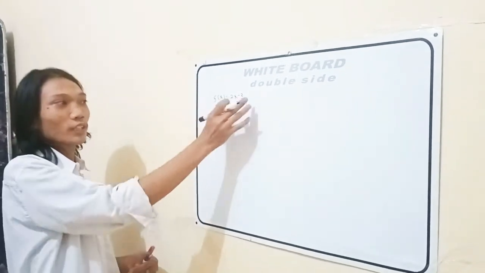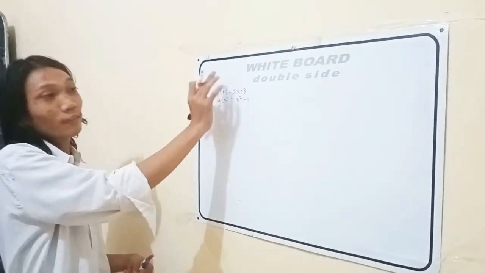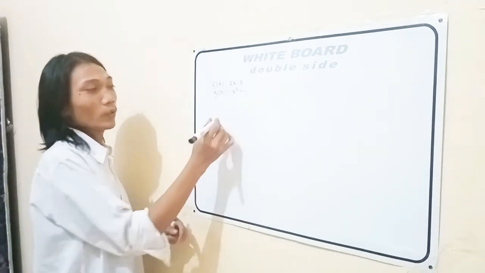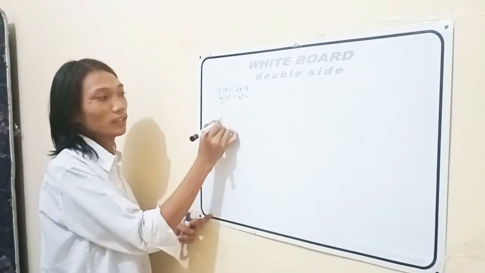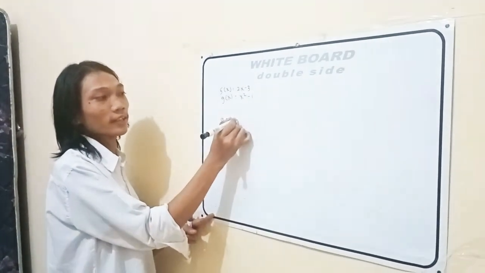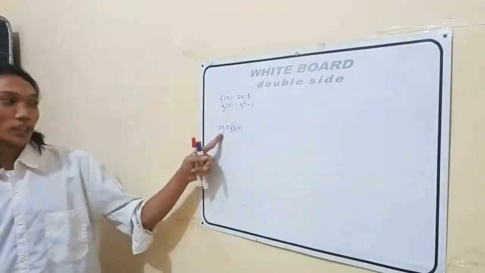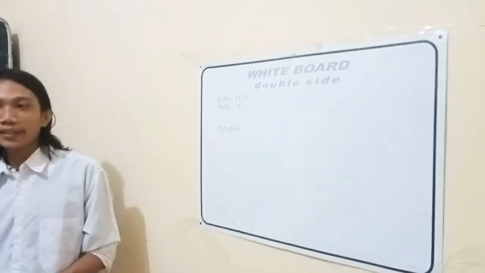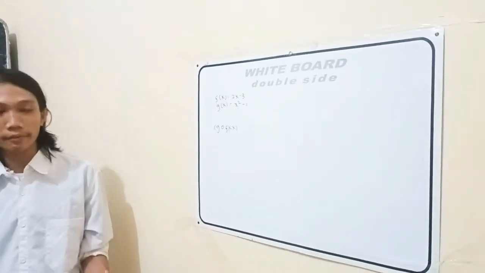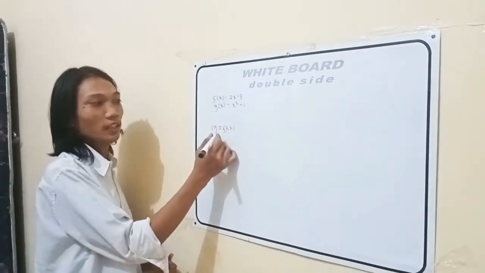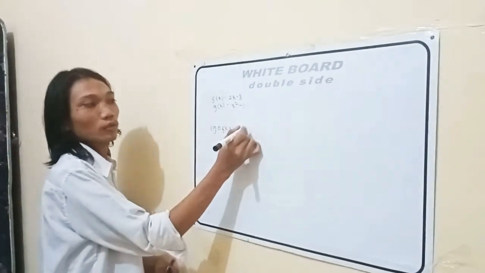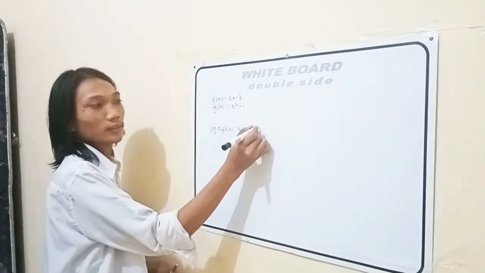Because we operate f(x) first, we can write it as g composition f(x). Function g composition f(x) determines how much paper we have. g composition f(x) is equal to g(f(x)).